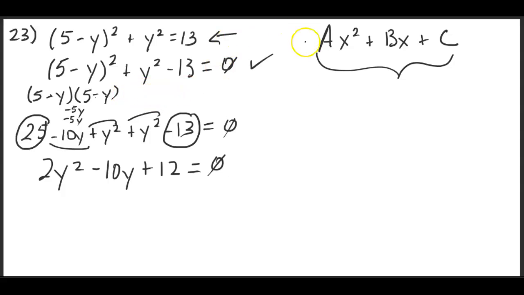Okay. What I would like, if I can't just have the two binomials handed to me, is a trinomial in this standard form. Okay, so I didn't have it. Well, how can I get there? When you look at this line right here, you can say, well, I don't know what to do.